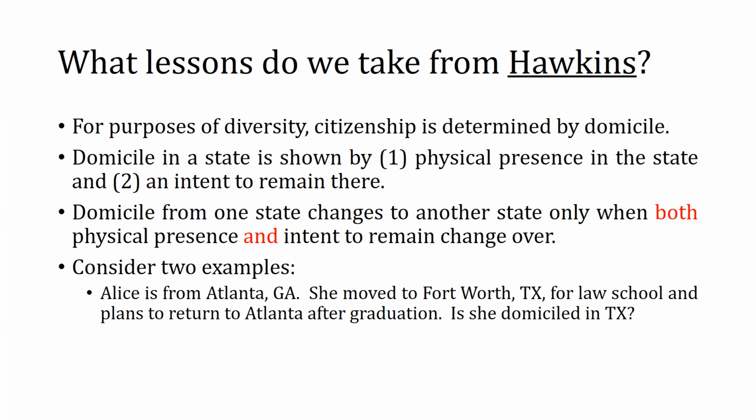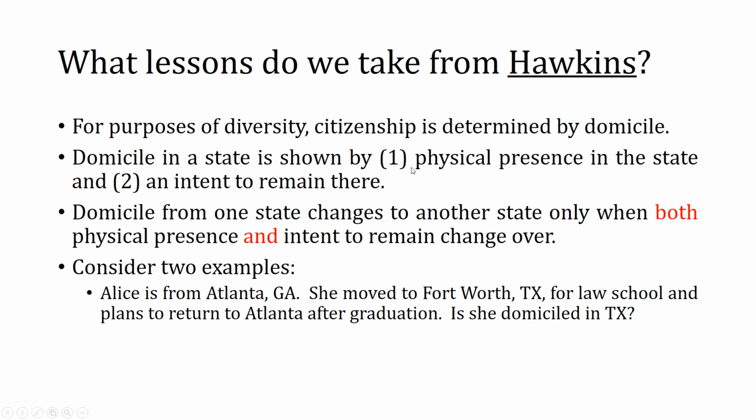No, because although she is physically present in Texas during her 3 years of law school, she doesn't intend to remain there. She intends to return to Atlanta after graduation. So there's no intent to remain. Her domicile, which is presumably Georgia all along, remains Georgia. There's physical presence in Texas, but not an intent to remain in Texas for the future.